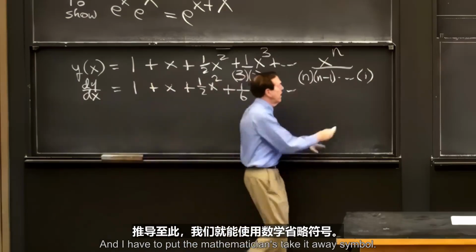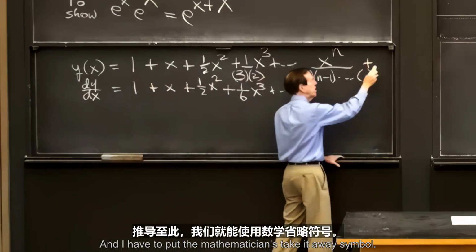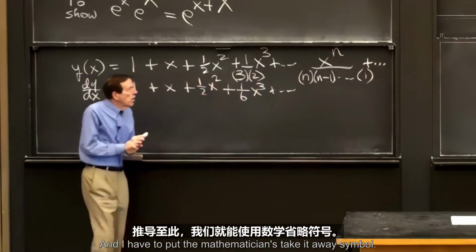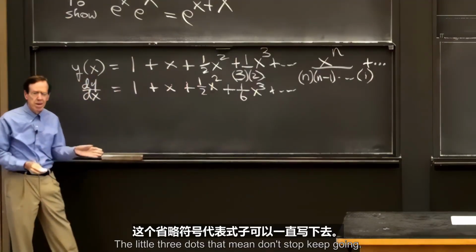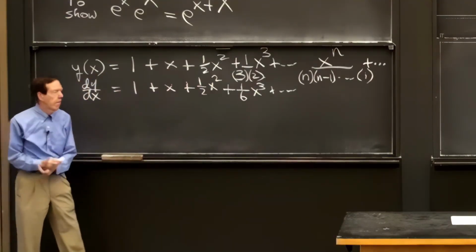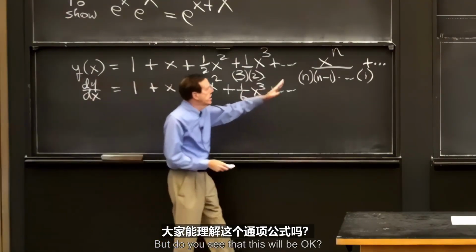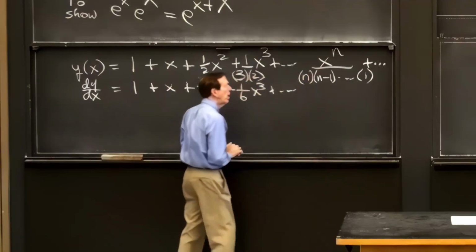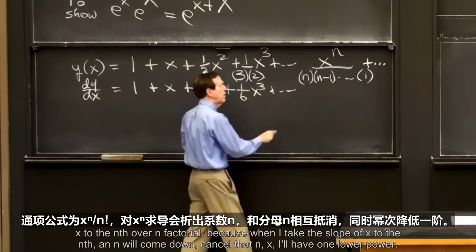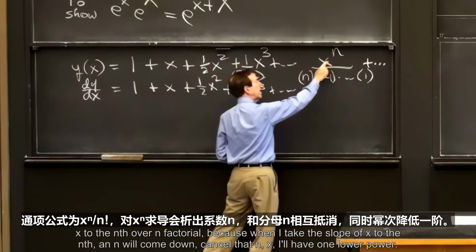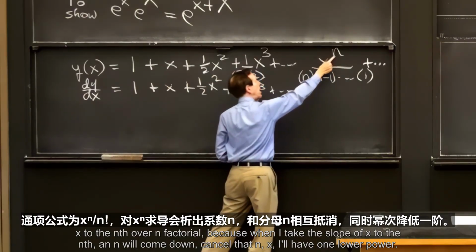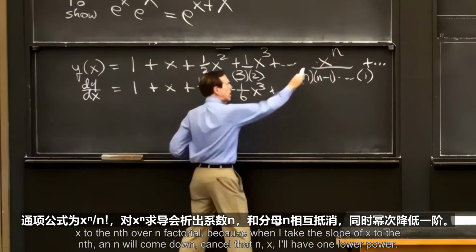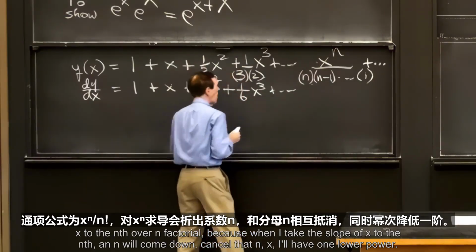And I have to put the mathematicians' take it away symbol, the little 3 dots that mean don't stop, keep going. But do you see that this will be okay? This is called n factorial, x to the nth over n factorial. Because when I take the slope of x to the nth, an n will come down, cancel that n. I'll have 1 lower power.